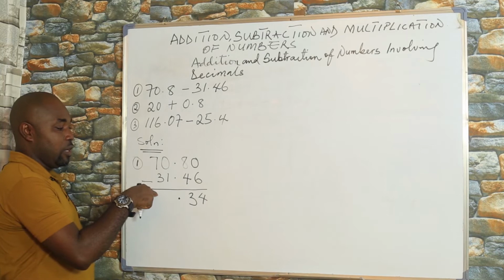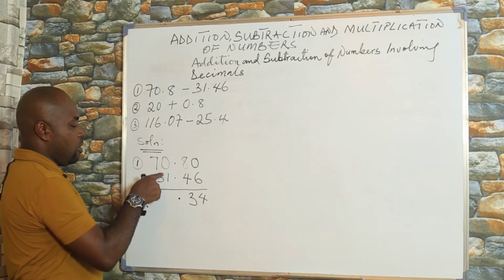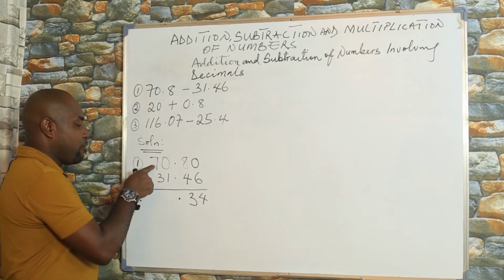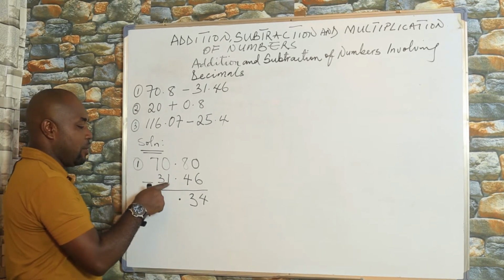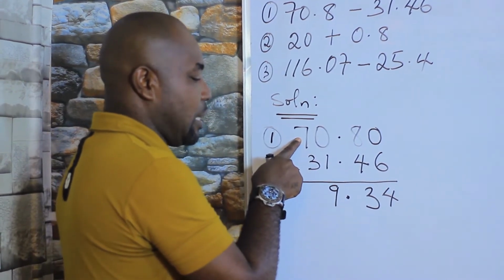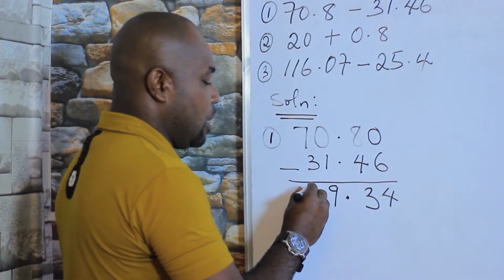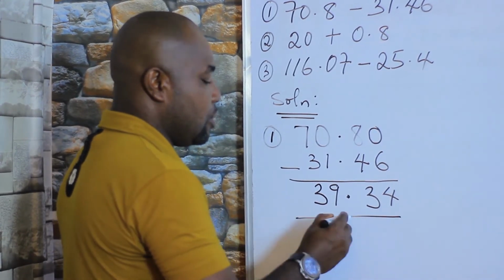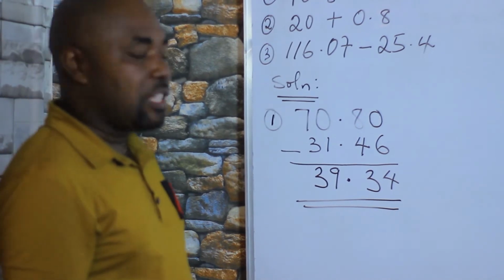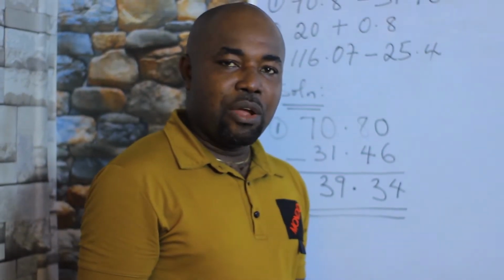Before we cross over, 0 minus 1, it cannot go. We lift 1 from here, we add here 10. 10 minus 1, 9. Here remains 6. 6 minus 3 will give us 3. So this is our result: 39.34. Are you following?